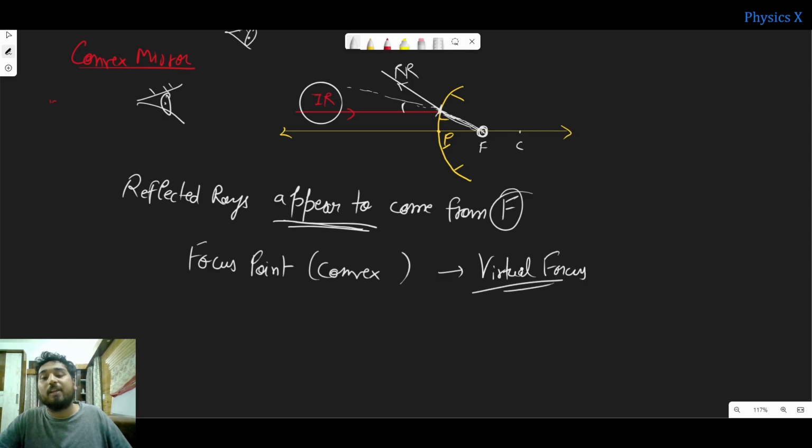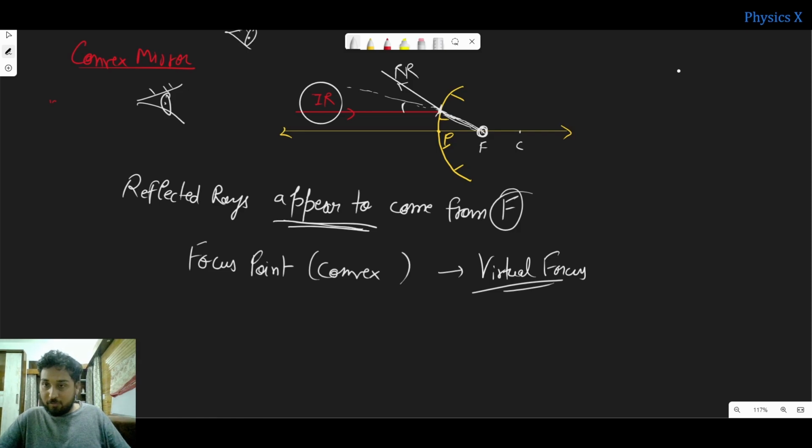because these rays are not actually there, but they appear to come from this focus point, kind of a virtual image kind of discussion. This focus point is actually behind the mirror.